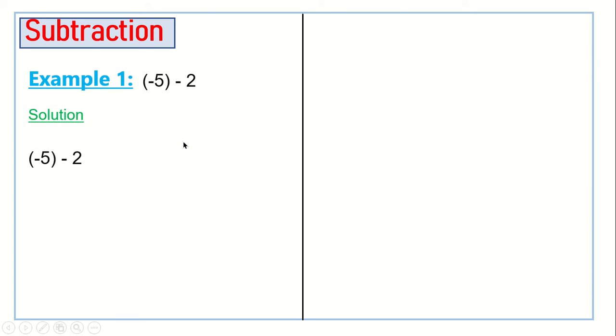For that case, it is the same as a negative of 5 plus a negative of 2. So we have got negative of 5 minus 2, because we actually know that a positive and a negative will give us a negative. So then we have negative 5.